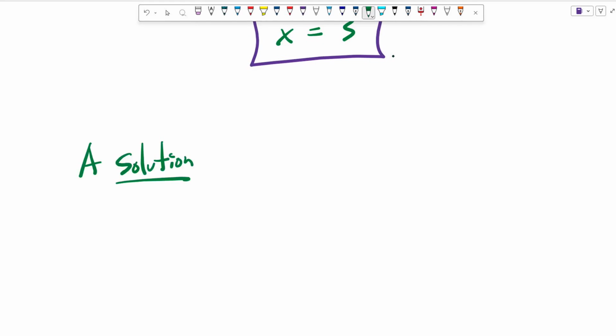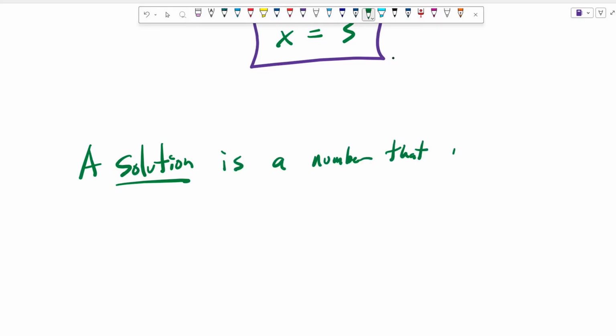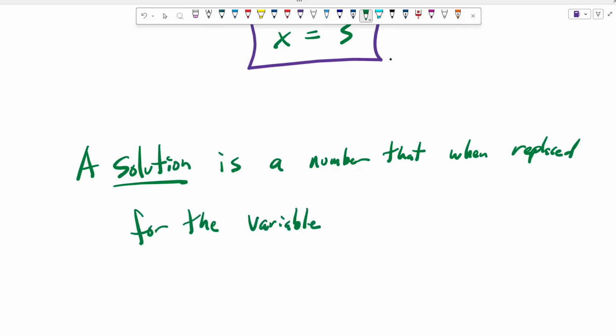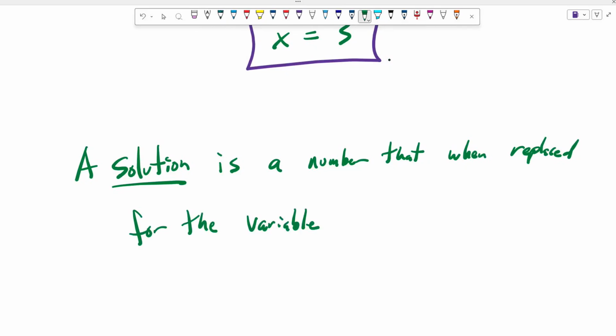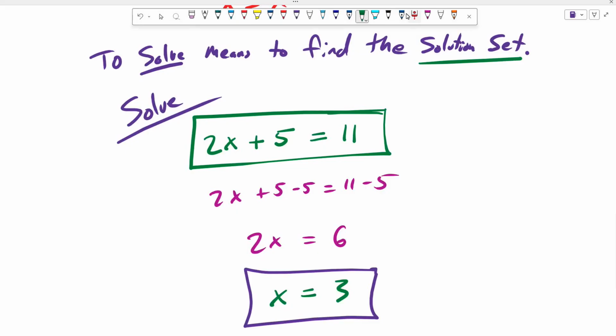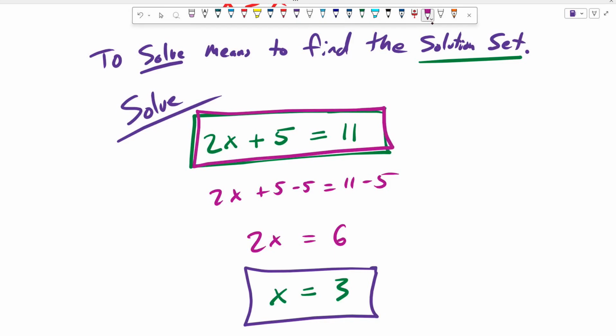A solution is a number that when replaced for the variable, it makes the equation true.